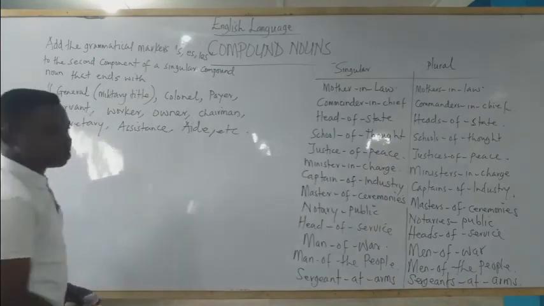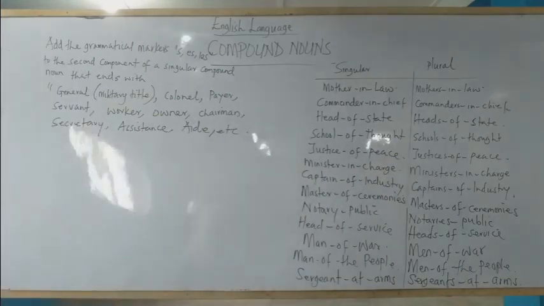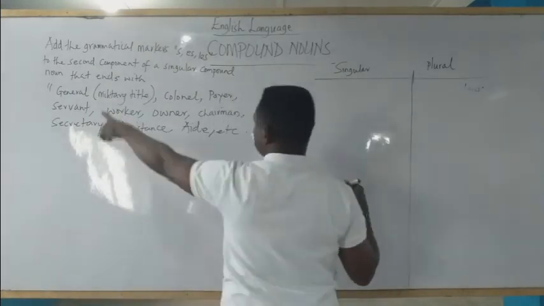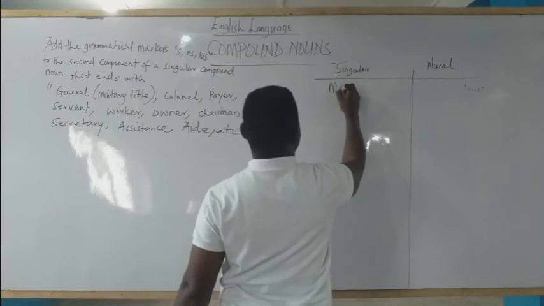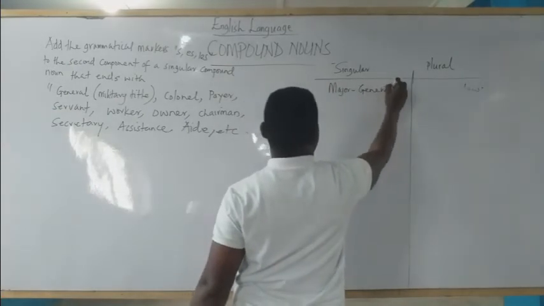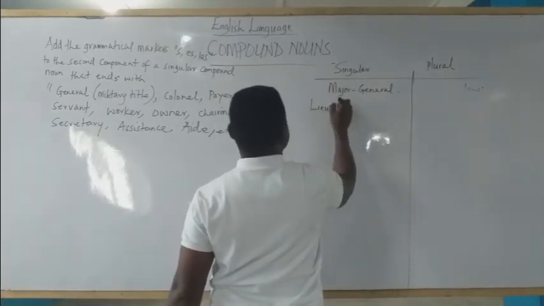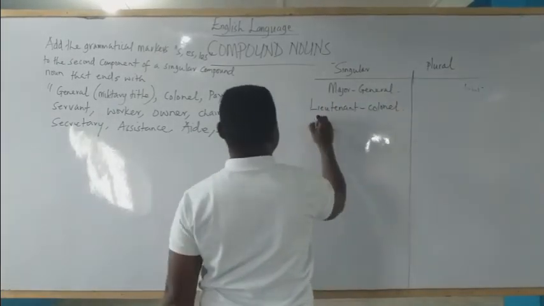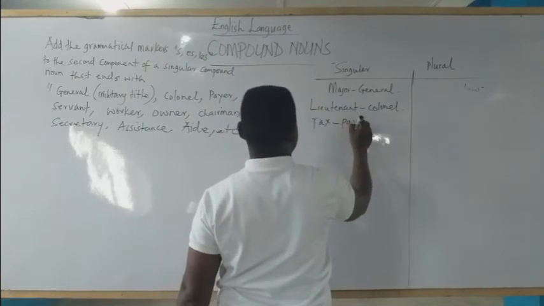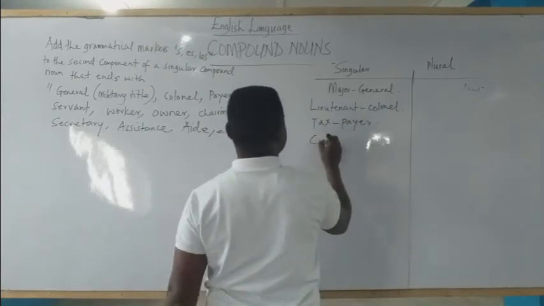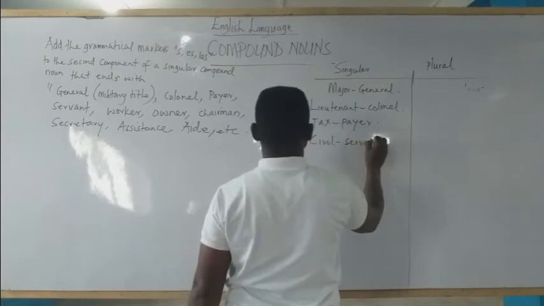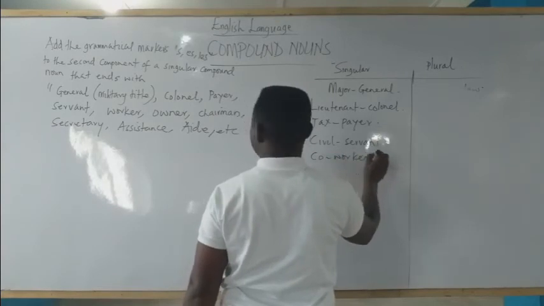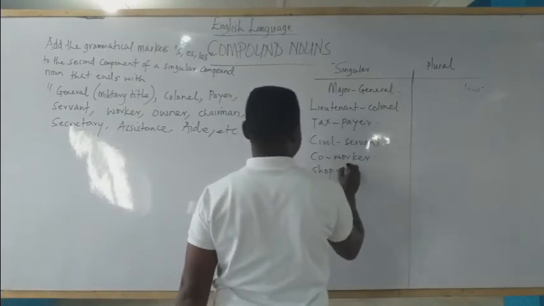Take note. Now let's see examples of words that end with any of these. First one, general. Let's have a major general in singular form. We have a lieutenant colonel. We have a taxpayer. We have a civil servant. We have a co-worker. We have shop owner.